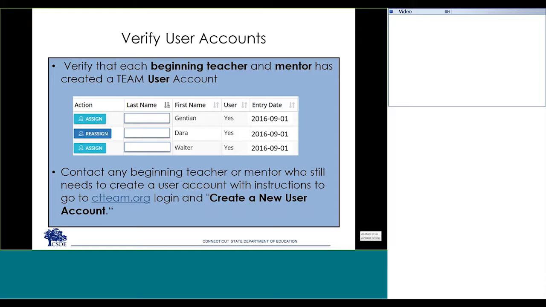They have access to the system, but they're not required to actively participate in the program yet. So even though some of them may have created accounts, they're not eligible for a payment this year.